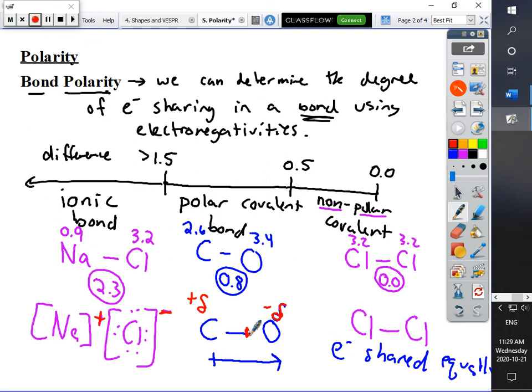They're exactly equal, those electrons are shared in the middle. To this one, which is kind of a hybrid, those electrons are more towards the negative one. We can draw it with this vector, and we can also identify which one is going to be more negative. This side will be more negative than that side. Okay? So that is bond polarity.